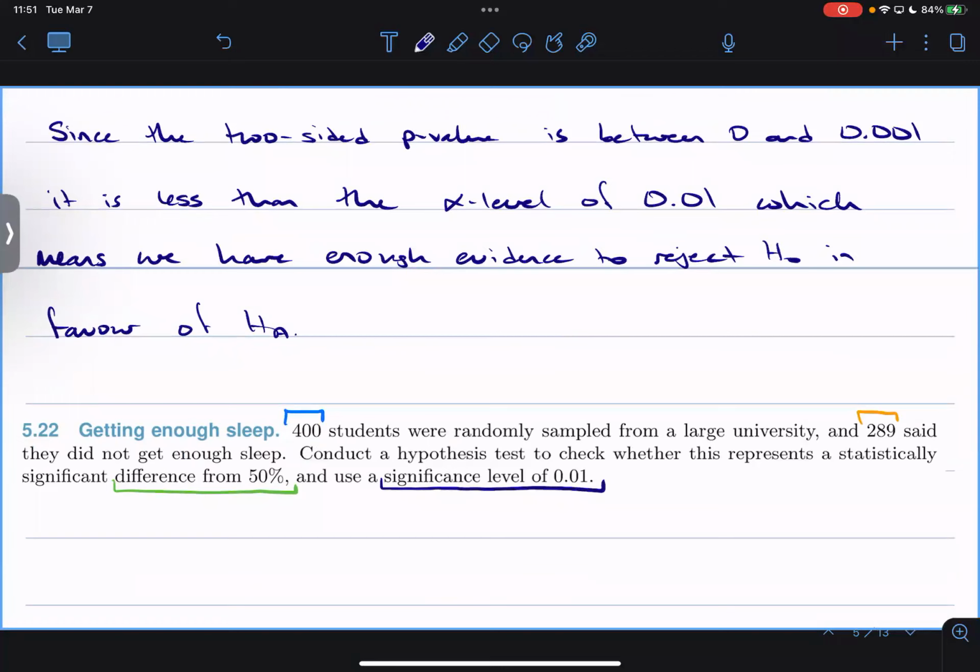This is one of those where rephrasing the question as an answer is not terribly easy. And I'm not looking for any sort of beautiful write-ups here or anything. So what I would say is, therefore, we have found that the proportion of students who do not get enough sleep is statistically significantly different from 50%.